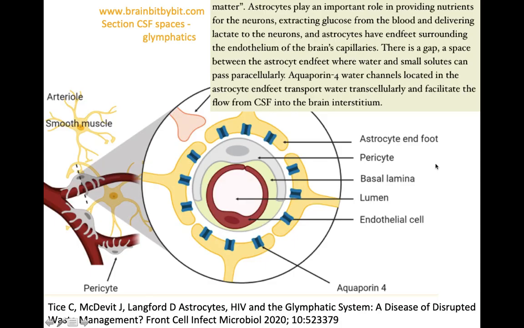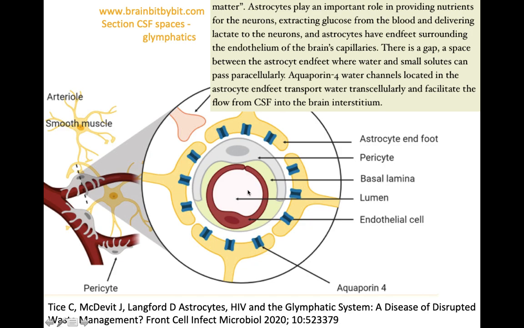And if you've seen the Brain Bit by Bit website and read the section about lymphatics, you have already read that in the brain, the capillaries are not only surrounded by a layer of endothelial cells like in the rest of the body, but that there is an extra layer of astrocyte end feet that is continuous with the pia mater. And in the astrocyte end feet, there are a lot of aquaporin 4 channels.